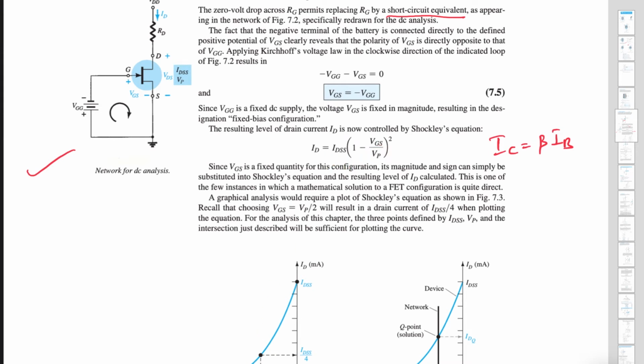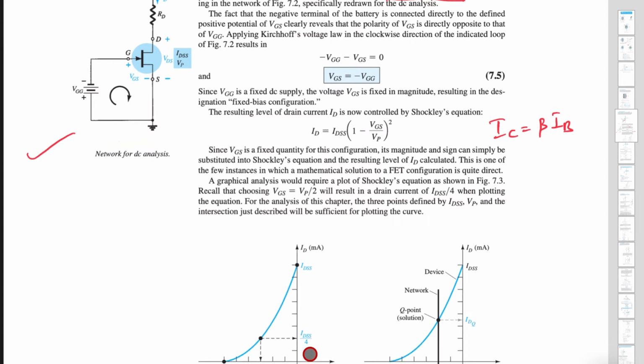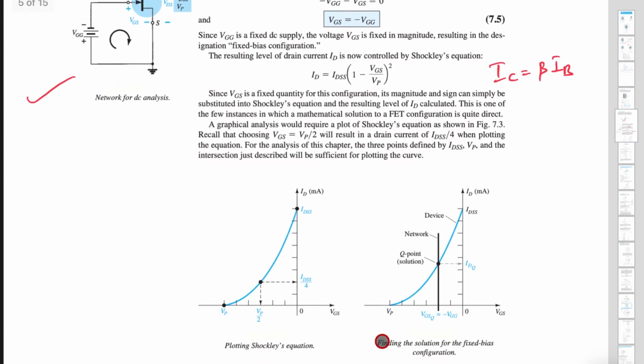Similarly, here VGS is equal to 0, so this is the VGS axis. 1 minus 0 is 1, so ID is IDSS into 1, which is nothing but IDSS. You get this point. Similarly, you substitute VGS equal to VP by 2, and you will get IDSS by 4. You can try it and substitute.